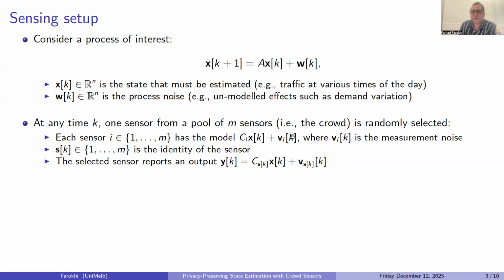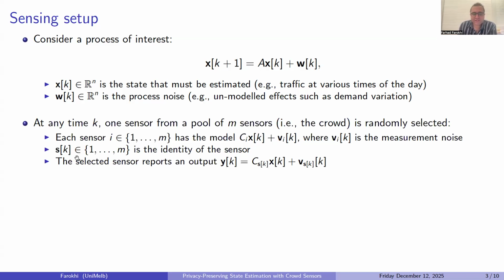And there's also measurement noise signified by this V_i. And this measurement noise again is something that we would filter out. Various sensors have different models, so they would potentially have different C's, and also they have different accuracies, so they have different measurement noise magnitudes and so forth.